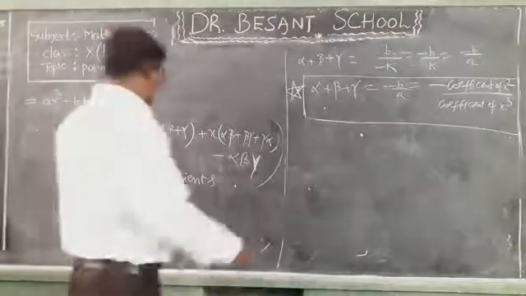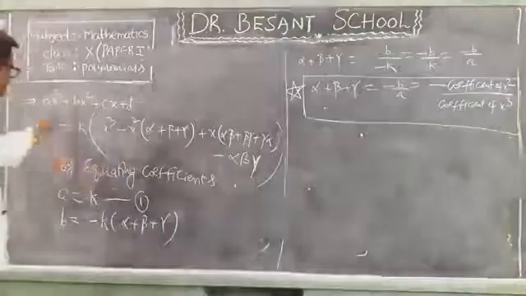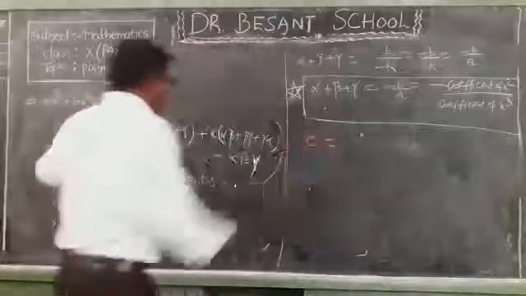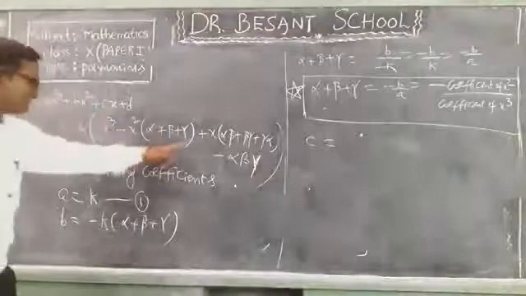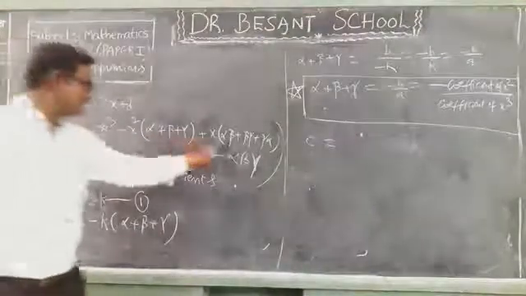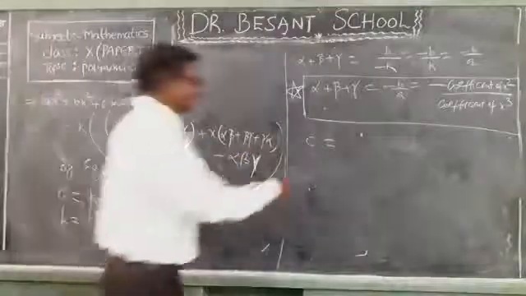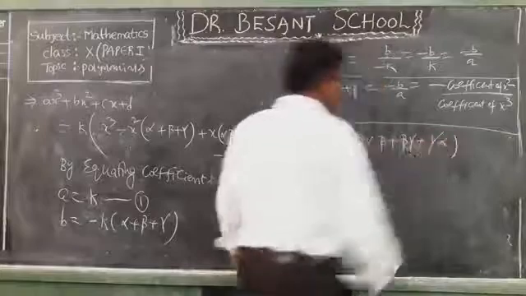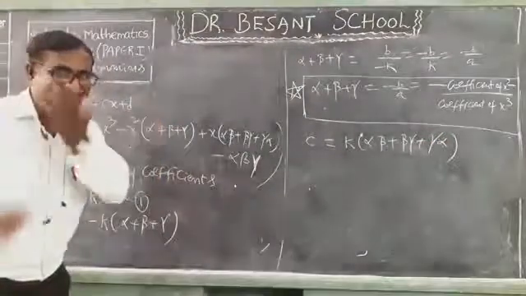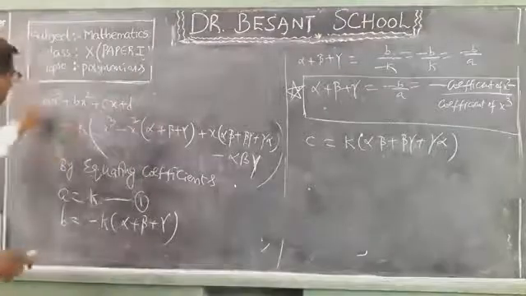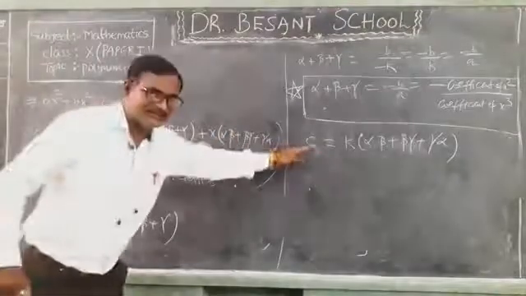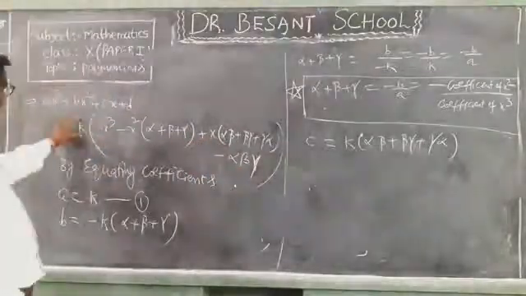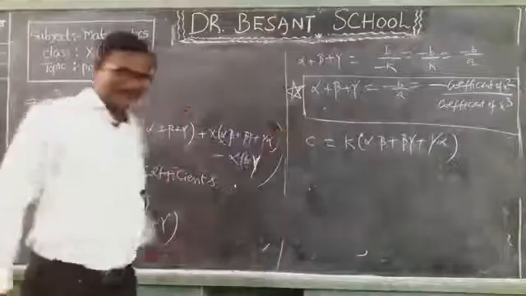Okay? Now observe. Later on, equate the coefficient of x on both sides. What is the coefficient of x on the left hand side? c. It is equal to the coefficient of x in the right hand side, that is k into (alpha beta plus beta gamma plus gamma alpha).